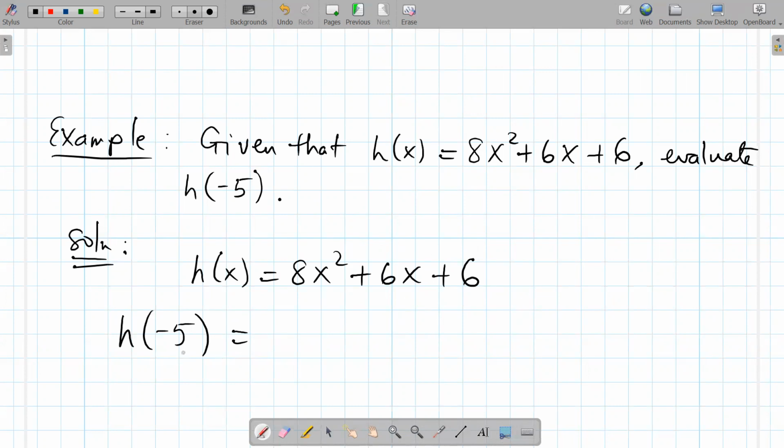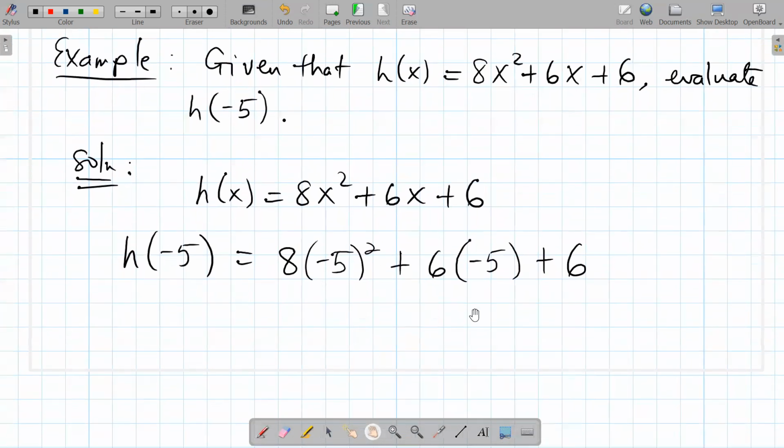So given the input x to be -5, wherever we see x, we replace that with -5. So this is going to give me 8 into -5 all squared plus 6 into -5 plus 6.